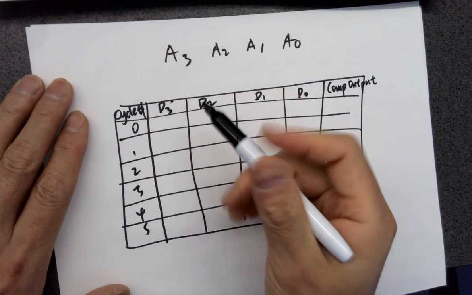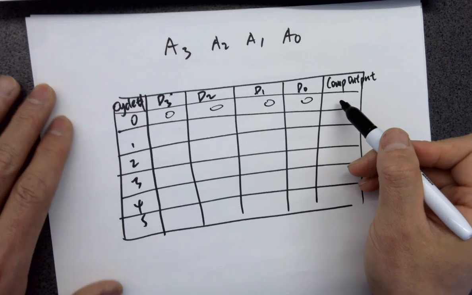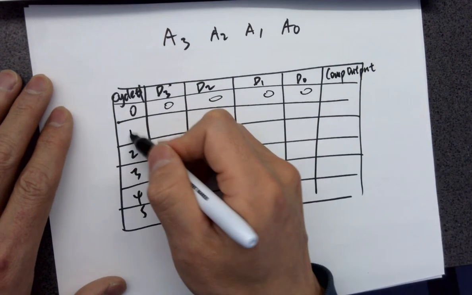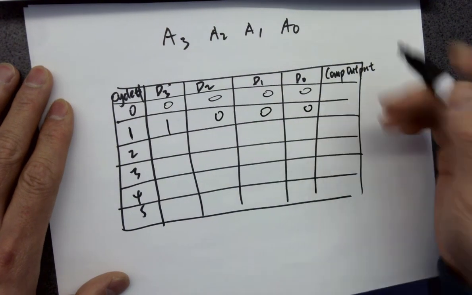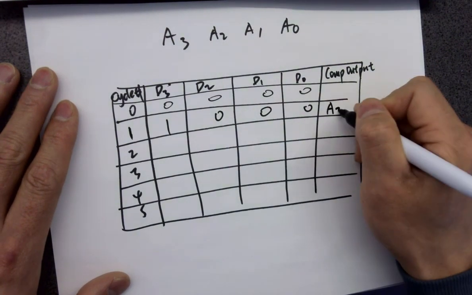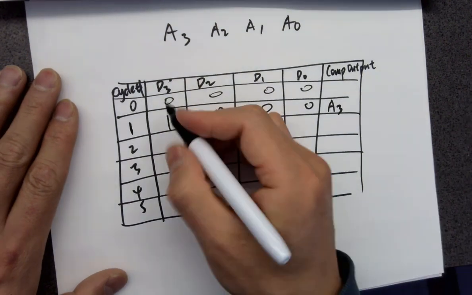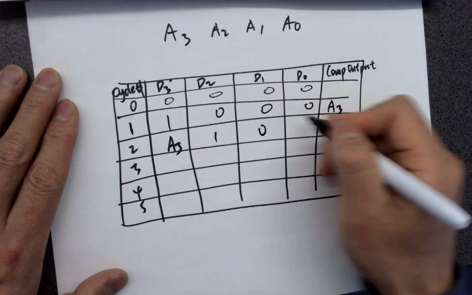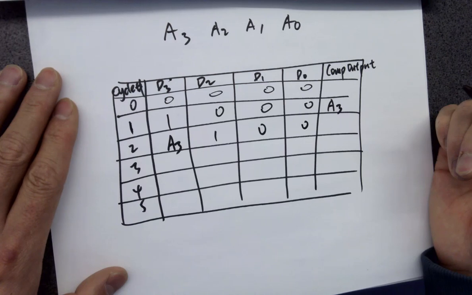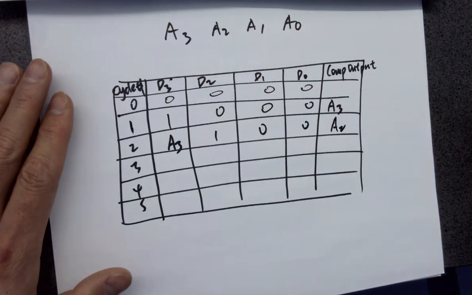For cycle 0, let's assume there's nothing in there and no compare output before we start anything. For cycle 1, the first cycle, we reset everything, and then we get A3 as the comparator's output. For cycle 2, we plug that in here as the MSB and shift everything to the right. And this value is giving us A2 for the comparator.